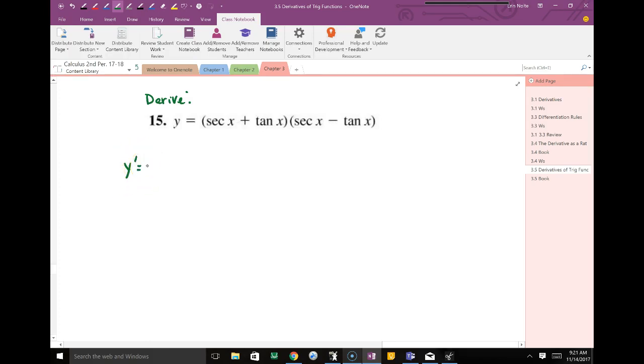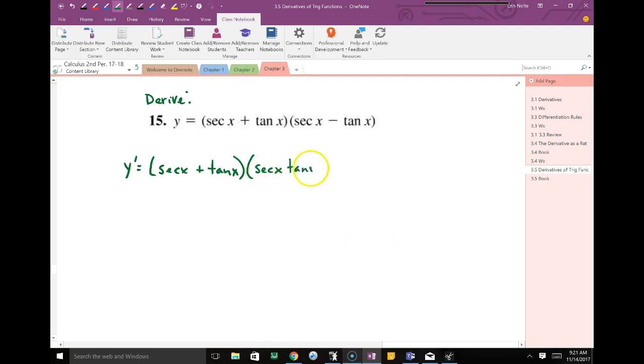Okay, we're going to start with the first. What's my first quantity? Secant plus tangent, good. Now I'm going to go d second, so now I'm going to derive my second. What is the derivative of secant? Good.